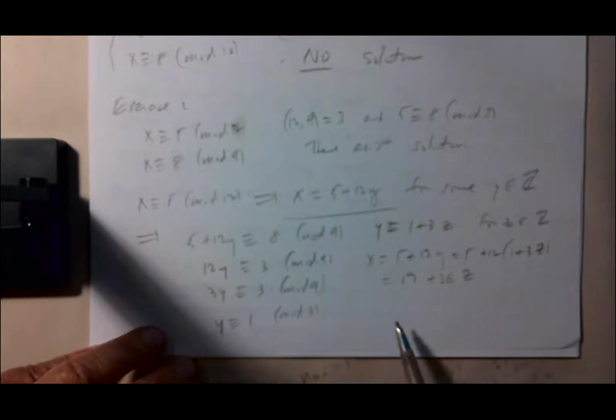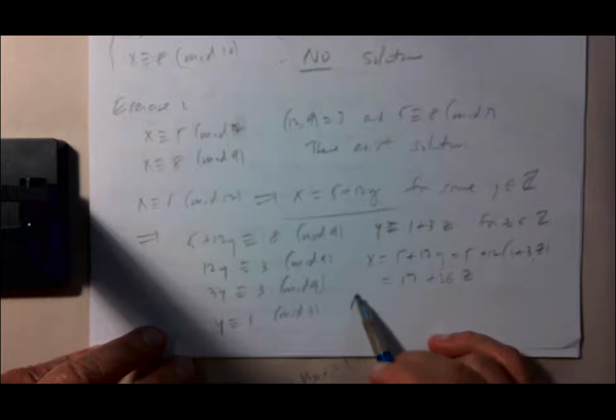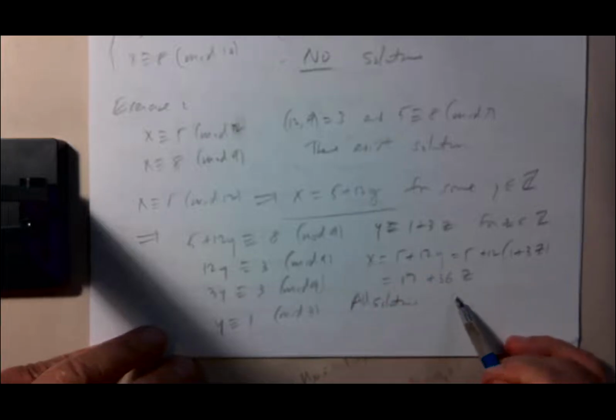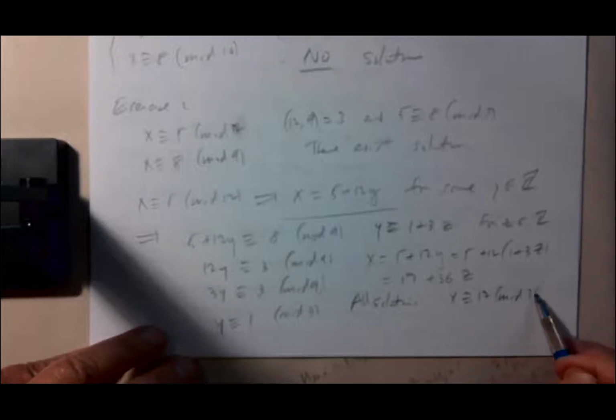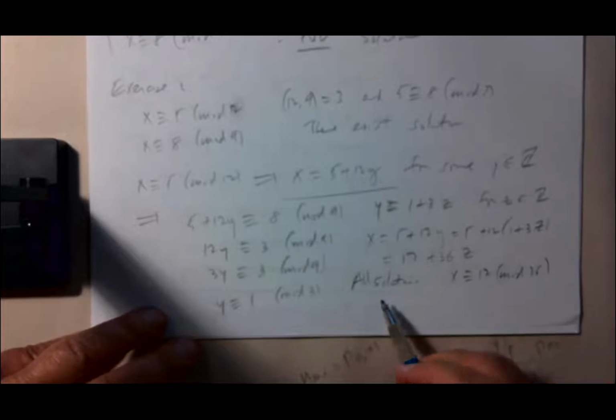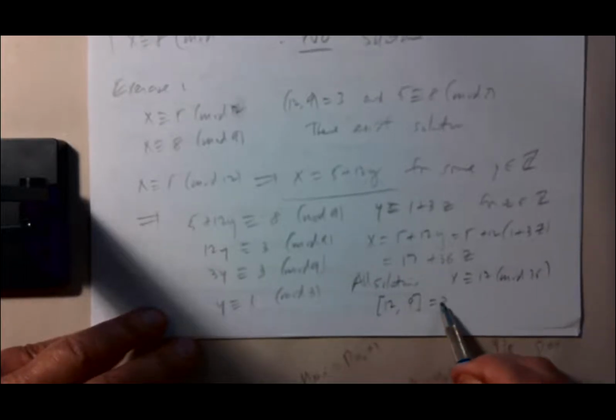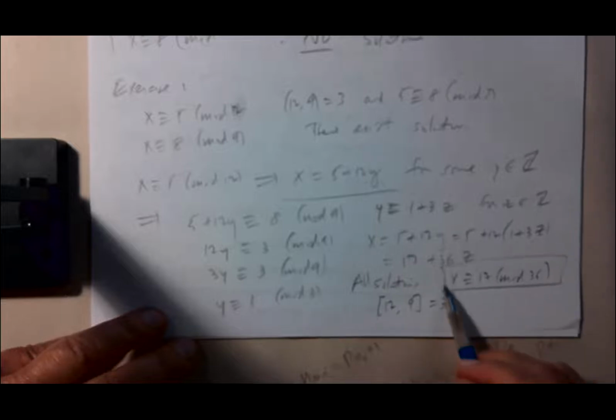So 17 is a solution. So the set of all solutions is all x congruent to 17 mod 36. And notice, of course, the least common multiple of 12 and 9 is 36. So this is the answer to the question. All solutions are all numbers that are congruent to 17 mod 36.